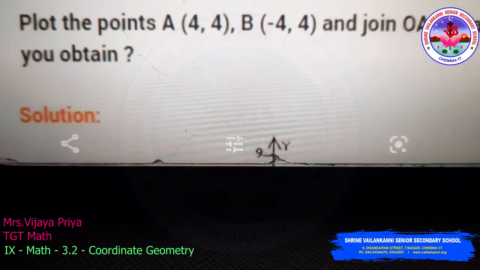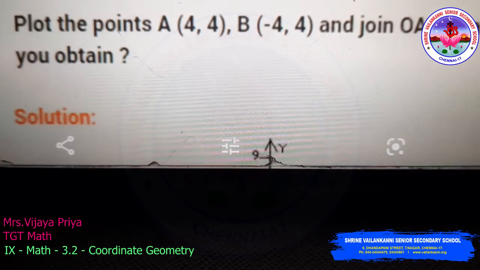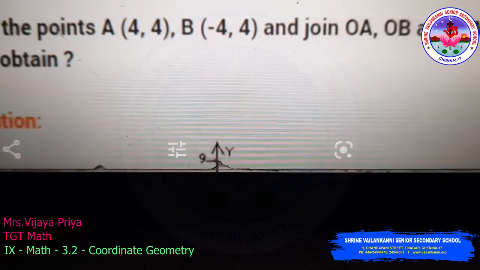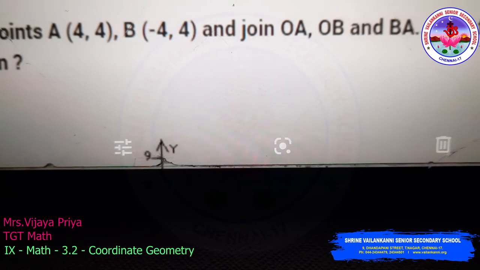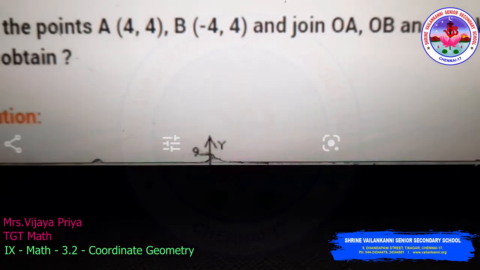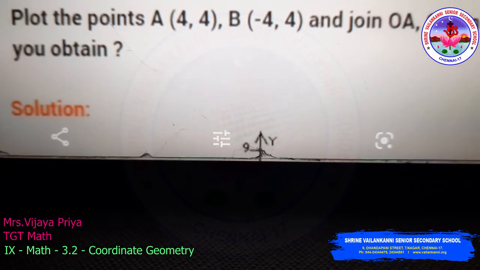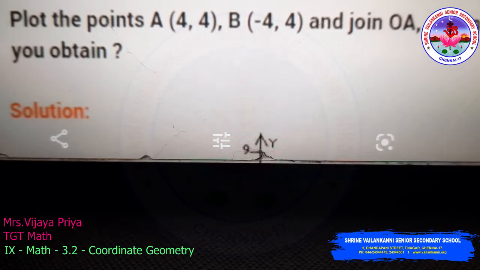Fourth problem: plot the points A, whose coordinate is (4, 4), and B (-4, 4), and join OA, OB and BA. What figure do you obtain? So we are going to plot these points in the graph and, joining them, determine what figure we obtain.